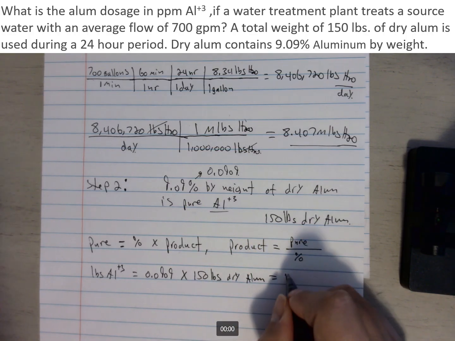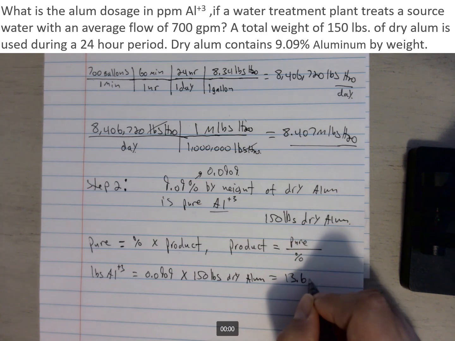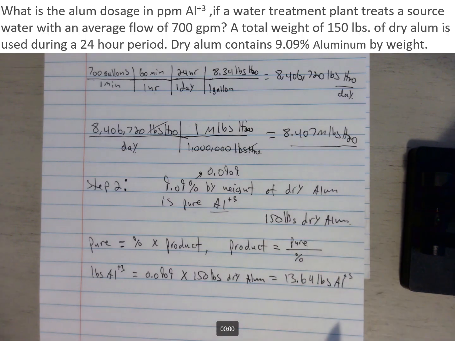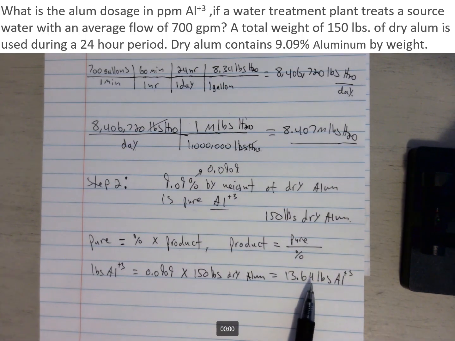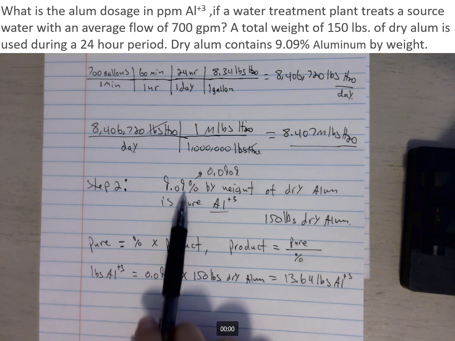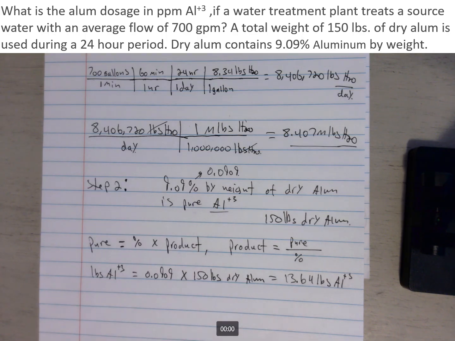That gives us 13.64 pounds of aluminum ion. This just means that there are 13.64 pounds in a 150 pound sample of that dry alum, because we were given that percentage.